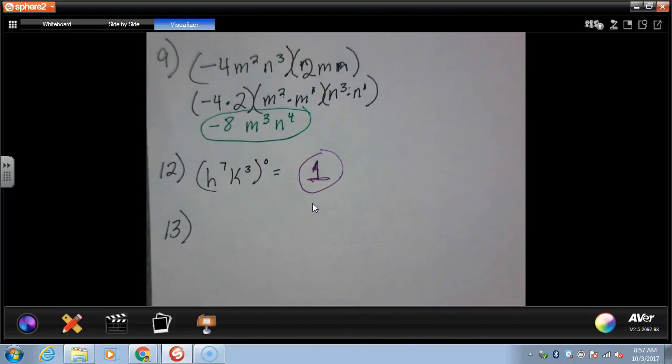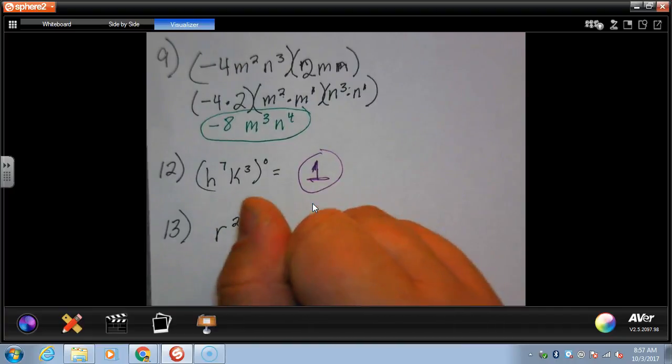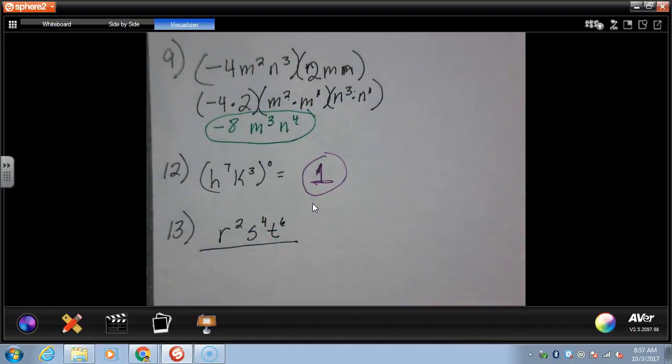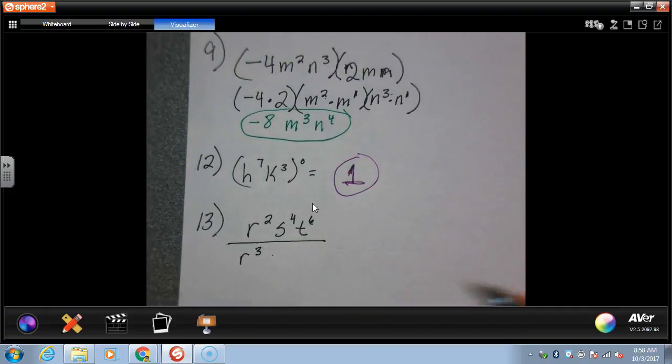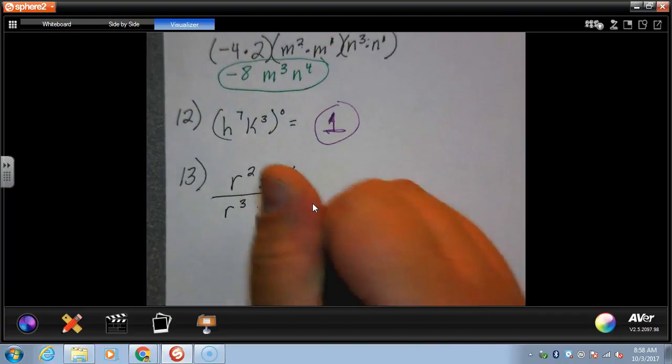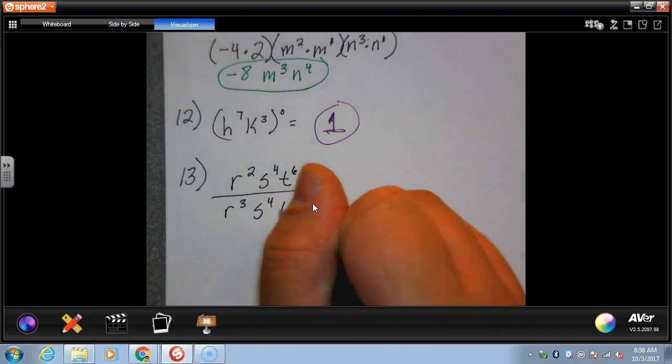I have r squared s to the 4 t to the 6, all over r cubed s to the 4 t to the negative 6.